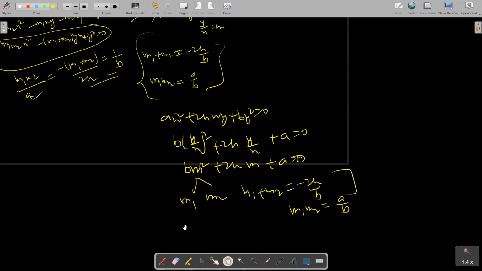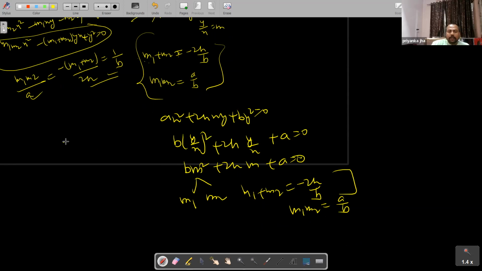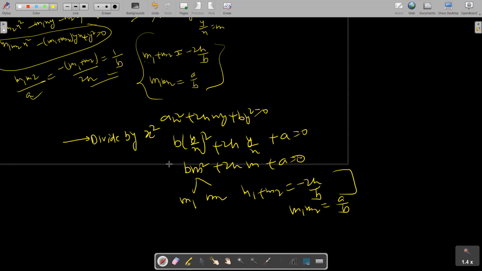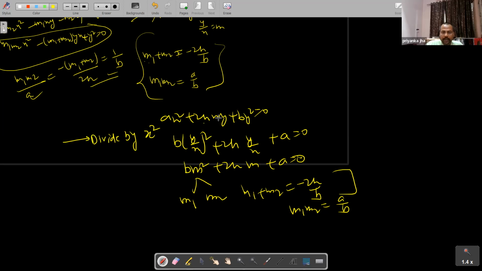How did b into y by x become this? Just divide by x squared. Now this will be gone. 2h into xy upon x squared, x cancels, y by x. And then y square by x squared, so y by x whole square.